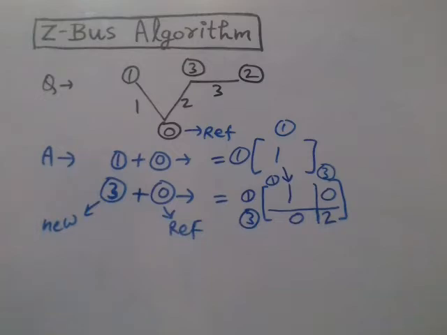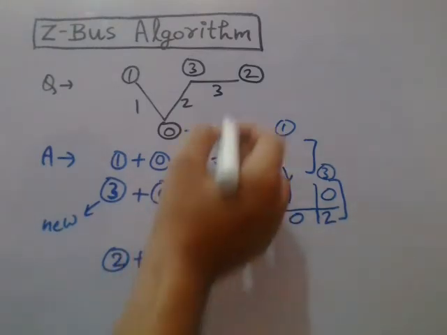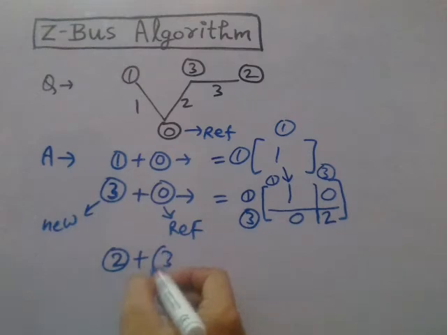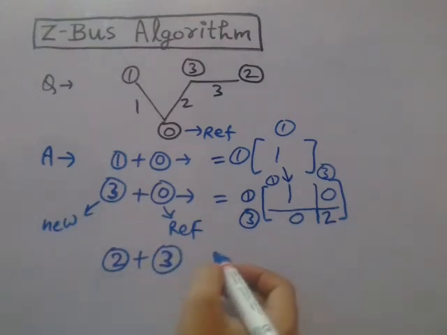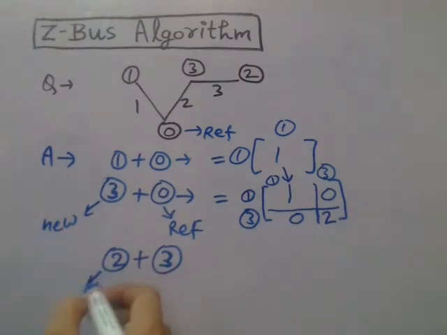Now in the third step, that is the last step because only one node is remaining, I'm going to add new node, that is 2, with old node, that is 3, right? So this is new node, this is old node.